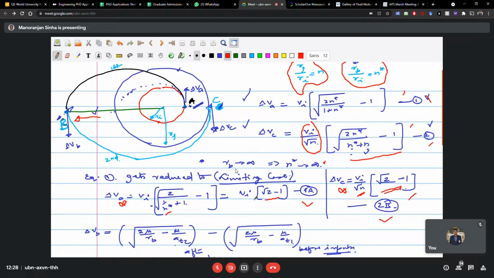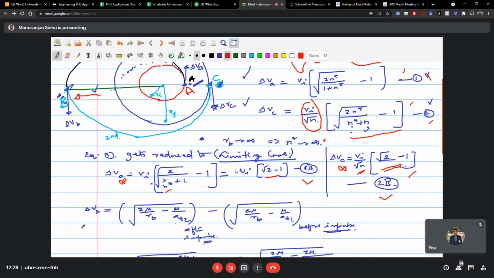Now what we are looking for is the impulse required at the point B so that it goes to C. The points A and C we have already worked out. This point is your A. So here we have written this equation, using the vis-viva integral.